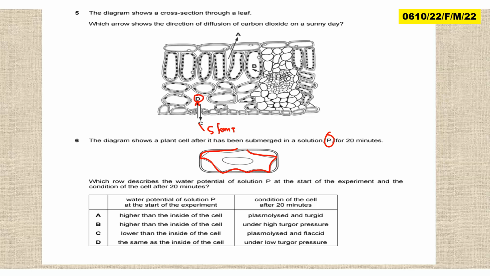Which row describes the water potential of solution P at the start of the experiment, and the condition of the cell after 20 minutes? The solution outside has lower water potential than inside the cell, and the cell became plasmolysed and flaccid.